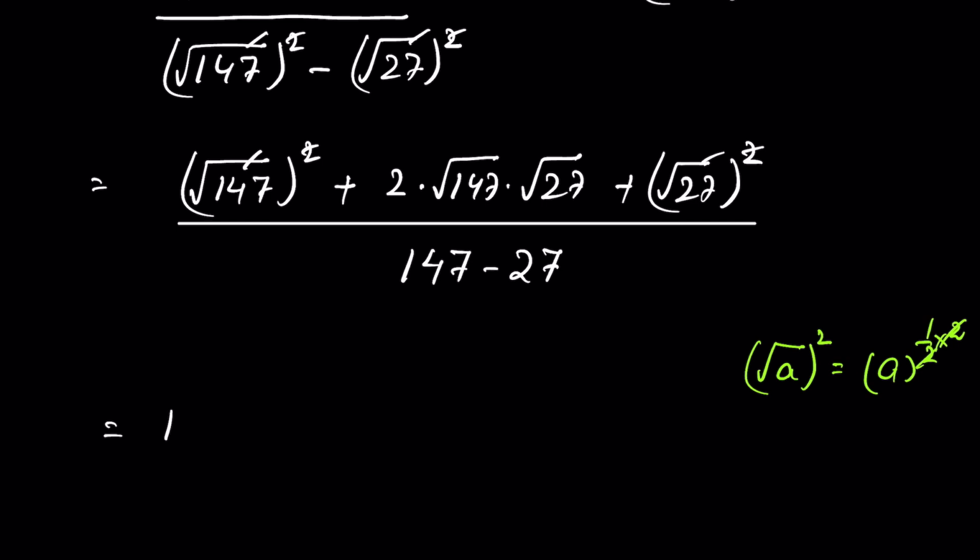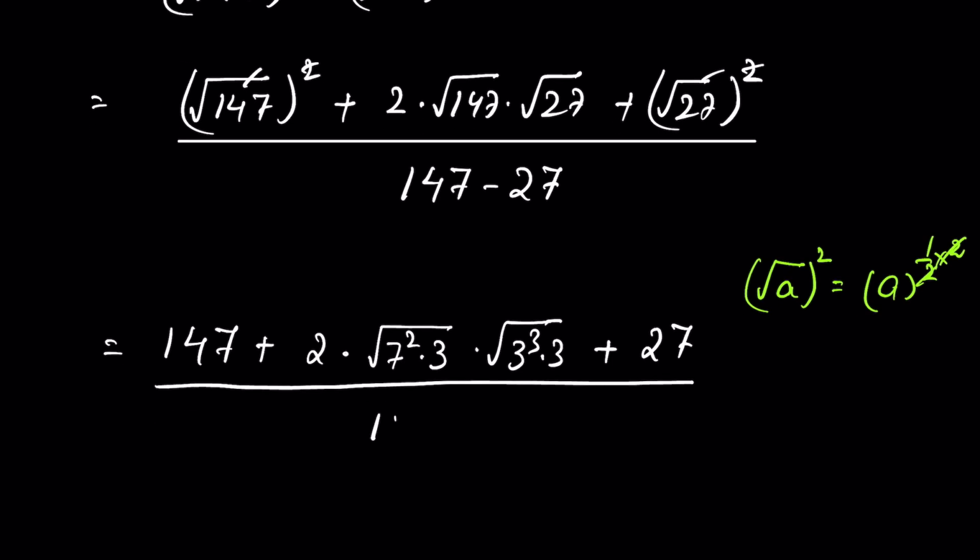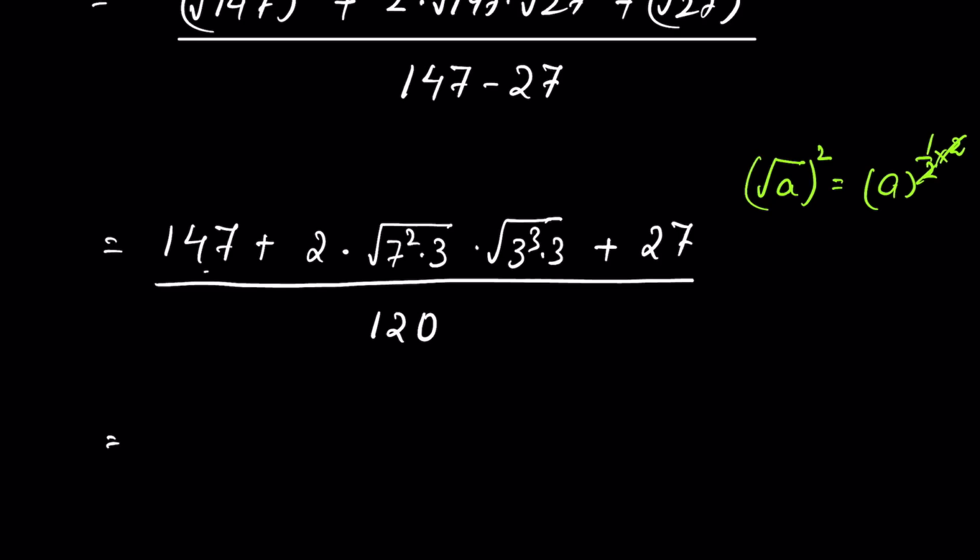So it is 147 plus 2 times square root of 147. This we can write as 7 square times 3. Then square root of 27 as 3 square times 3, plus 27, upon 147 minus 27 is equal to 120. 147 plus 27 is 174, plus 2 times. Now when a times b is under square root, we can also write it as square root of a times square root of b.